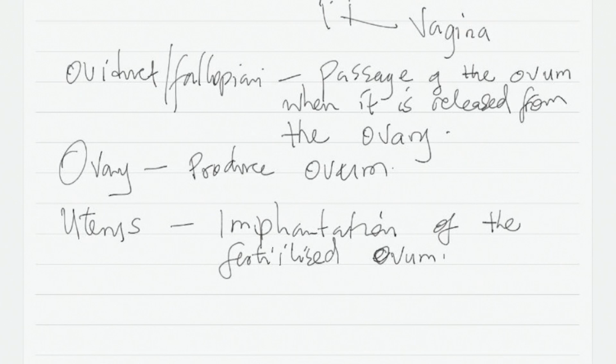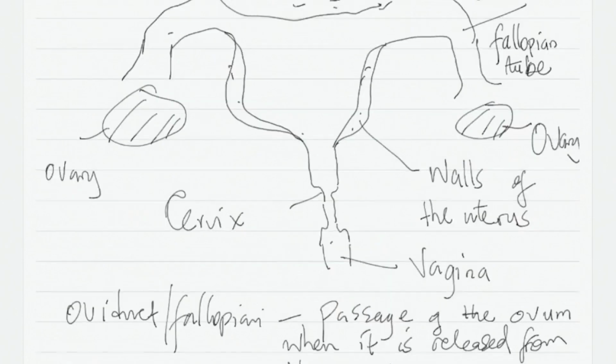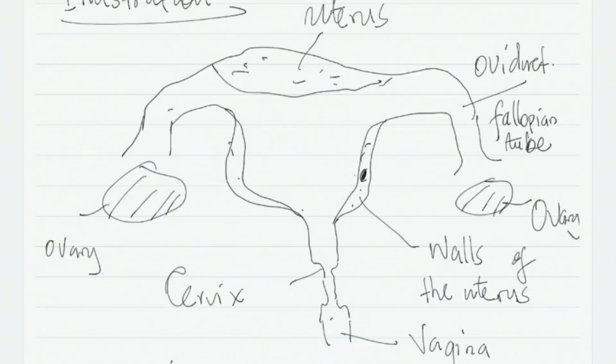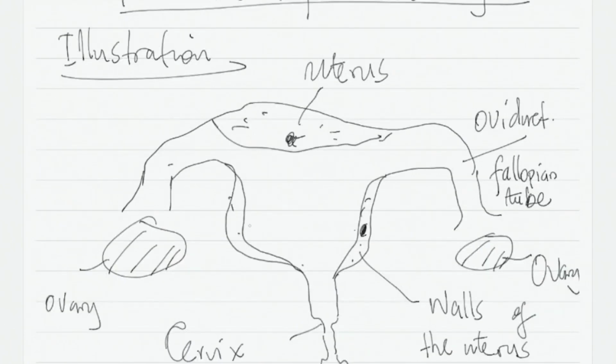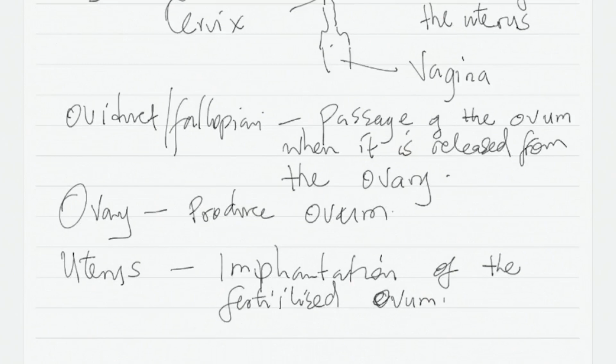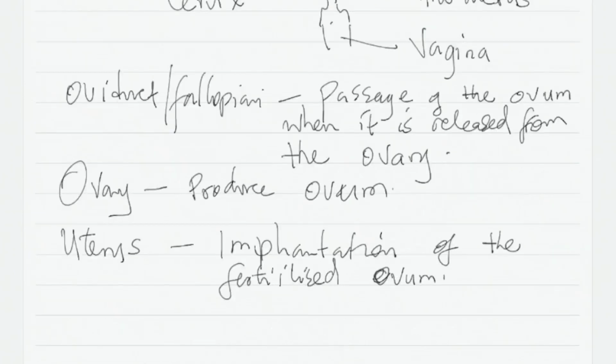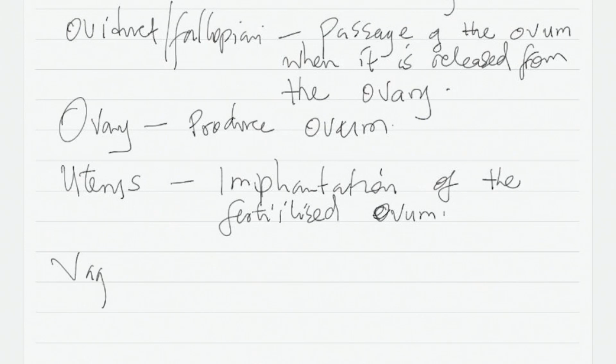The moment it is fertilized, it will still continue moving its journey until it implants itself on the walls of the uterus. Meaning, it can implant itself at this point, it can also implant itself at this point or at this point. All these are the walls of the uterus. When an ovum becomes fertilized, it becomes a zygote. Then this zygote will be implanted on the walls of the uterus.